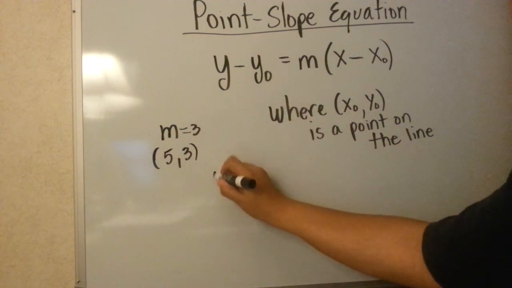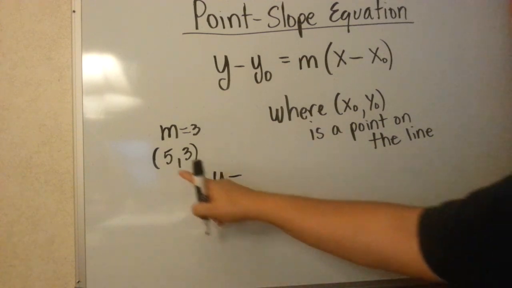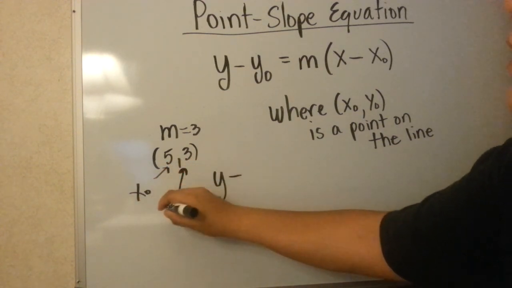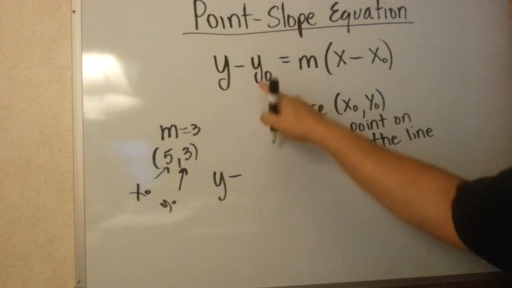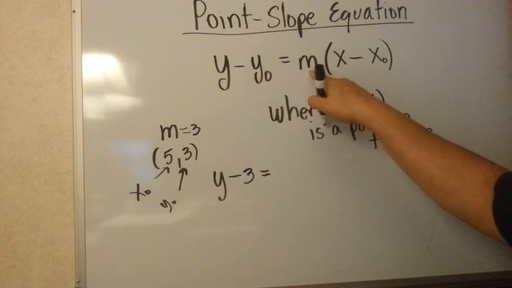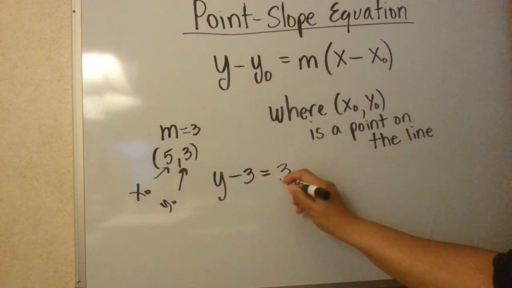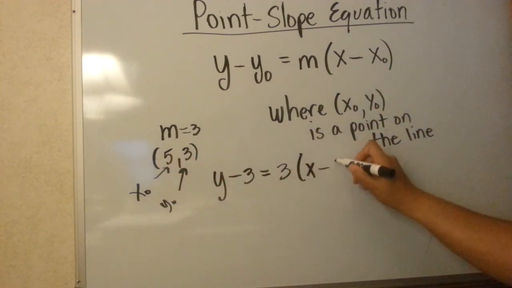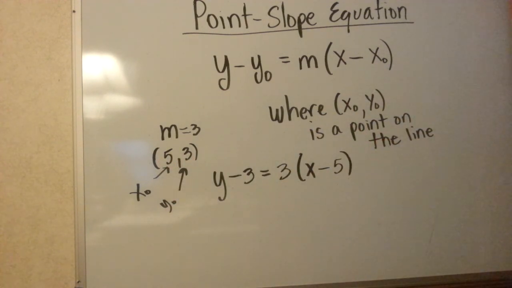Right? So we would say y minus, this is x naught, and this one is y naught. Okay? So y minus 3 equals the slope times x minus the x naught. The x naught is the 5. Okay.